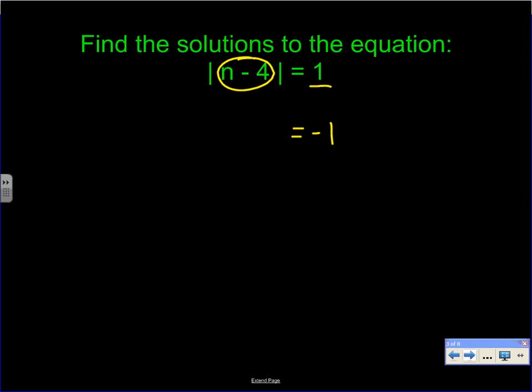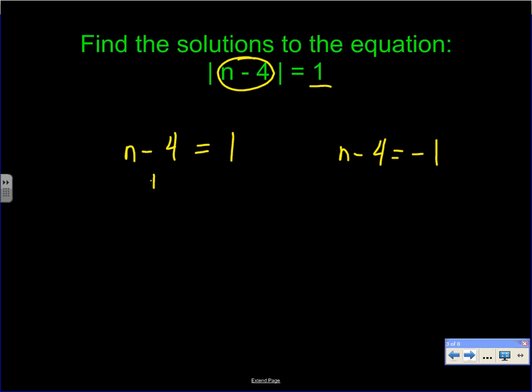So we have n minus 4 in the absolute value. It must equal positive 1, and n minus 4 must also equal negative 1. This is a concept you'll probably forget: it needs to be positive and negative.